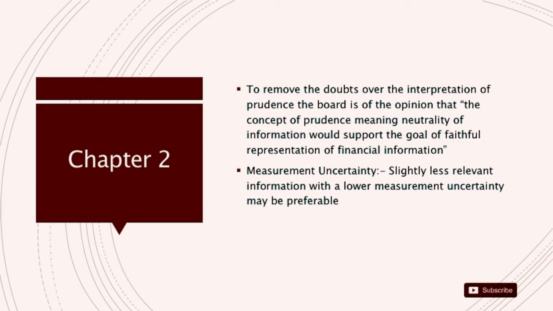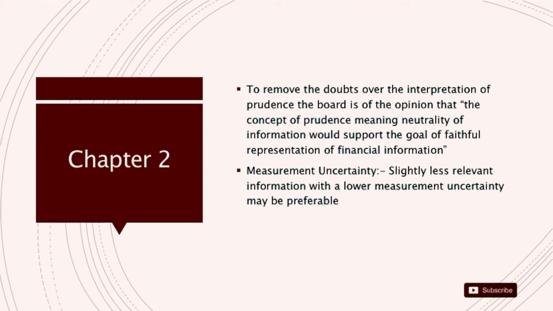Second, measurement uncertainty. In the revised conceptual framework, the board has acknowledged that measurement uncertainty is a factor that can affect faithful representation. For example, in some cases, relevant information may have a high level of measurement uncertainty, even though a particular piece of information is very relevant to understanding a financial statement.